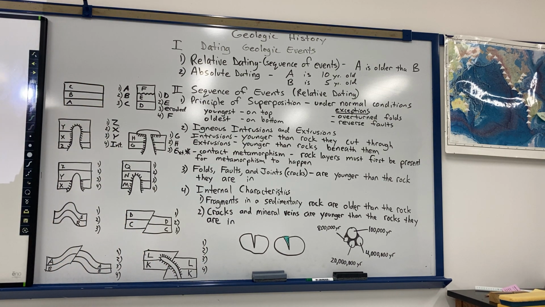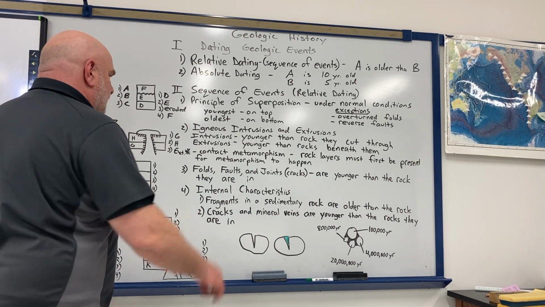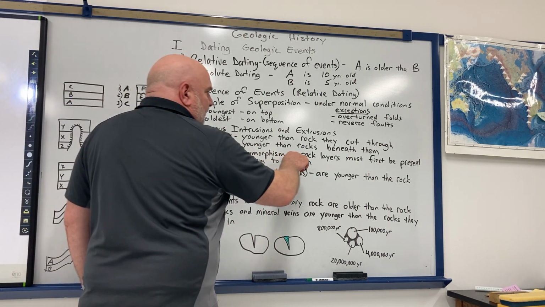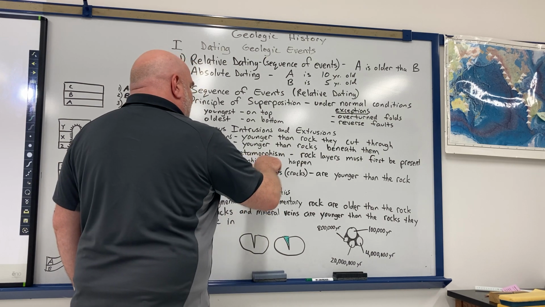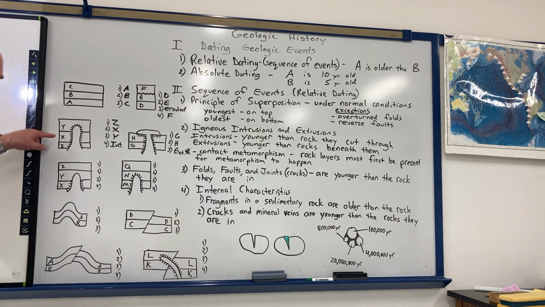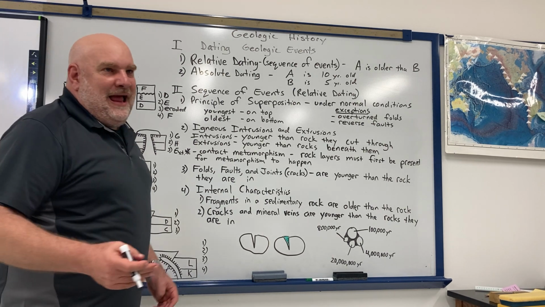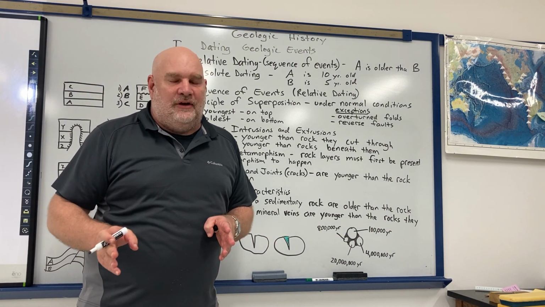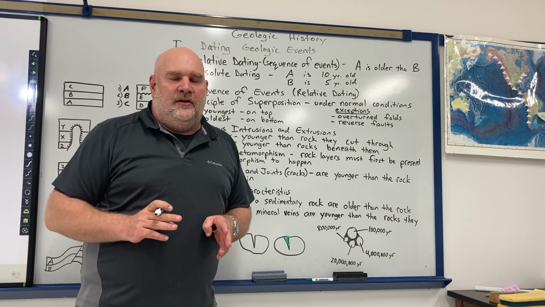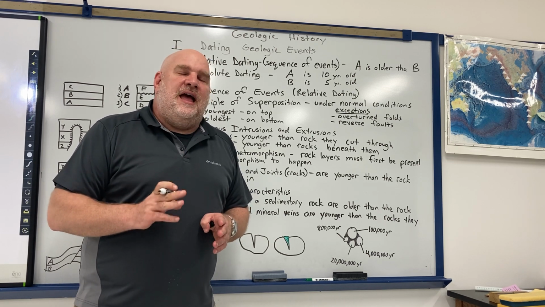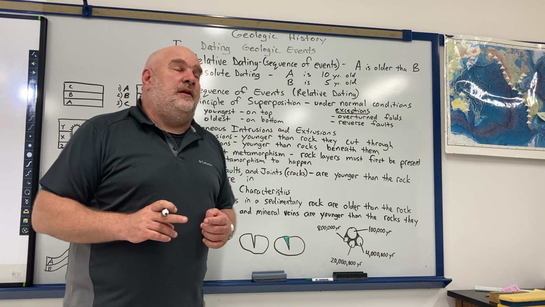All right. Now, let's add a little wrinkle to this. Contact metamorphism. Rock layers must first be present for metamorphism to happen. Remember how contact metamorphism happens: hot magma or hot lava touches rock that's already there, and the heat from that magma changes the rock that's already there.